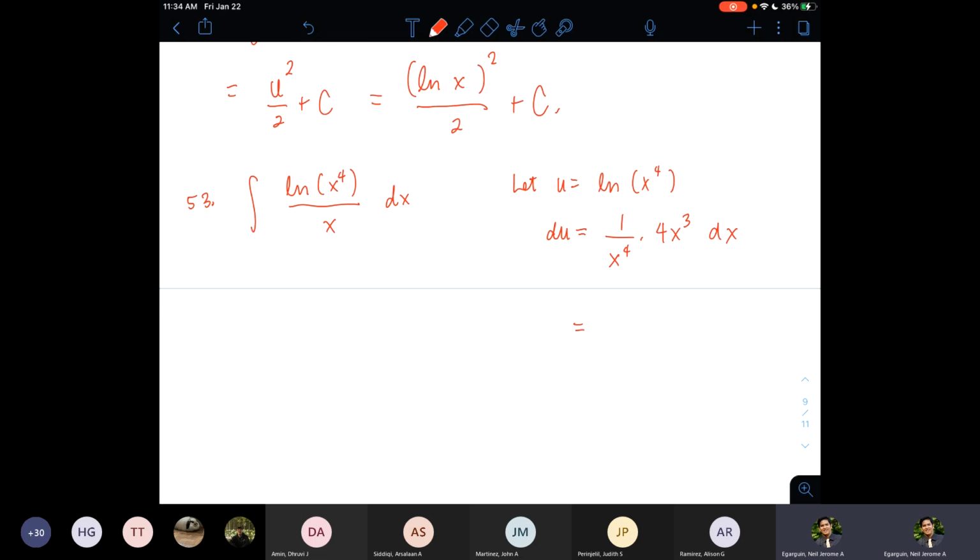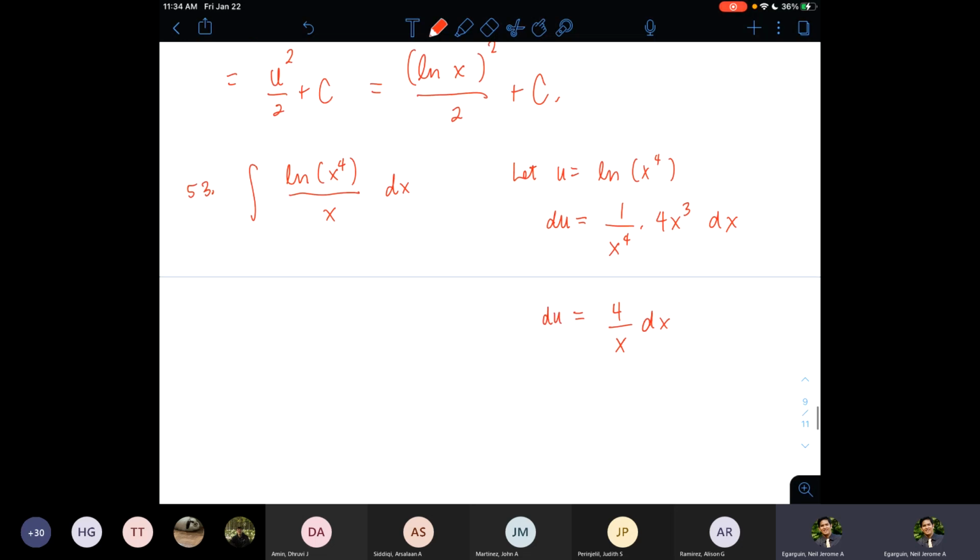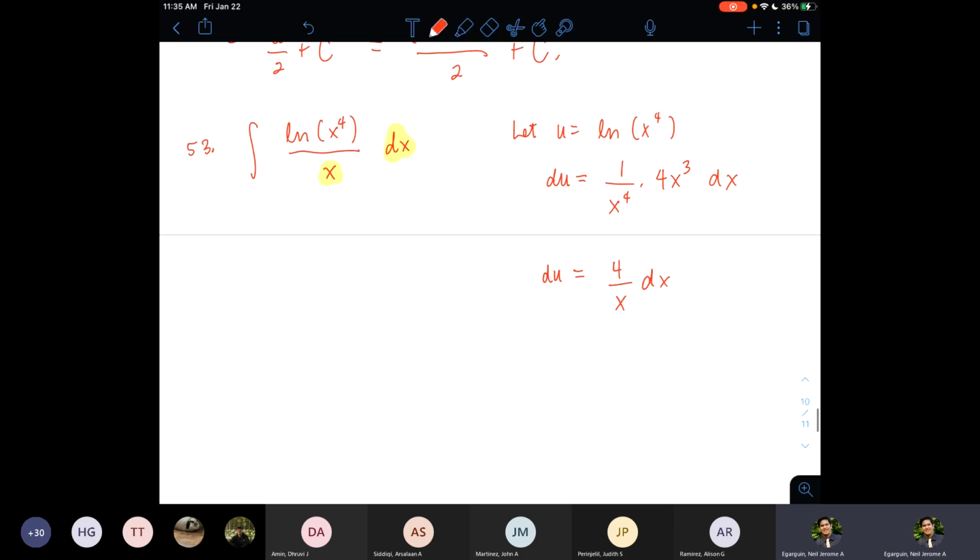And if I simplify, this would be equal to what? 4, and then I'll have an x in the denominator, dx. And is that okay? Yeah, that's okay, because here, this is du. Notice that I have dx over x already there. I'm missing the 4, but I can divide both sides by 4 to get du over 4 equal to dx over x.